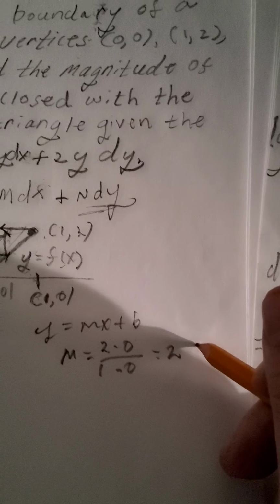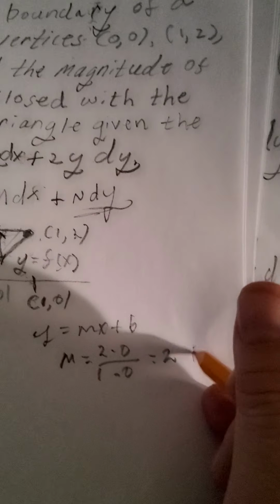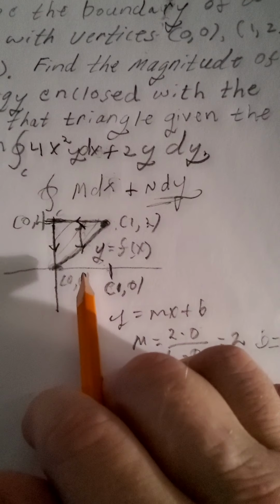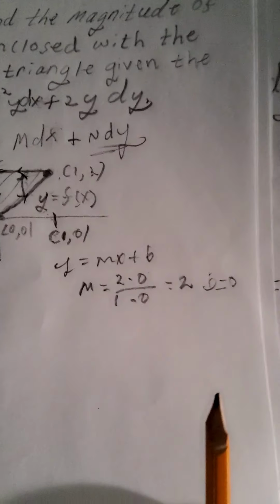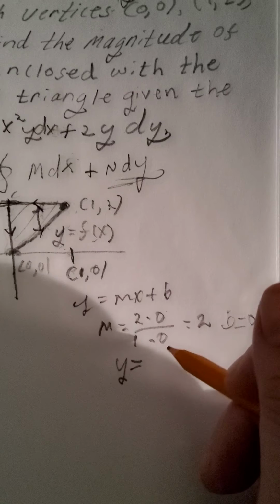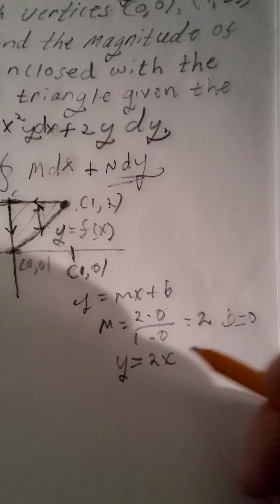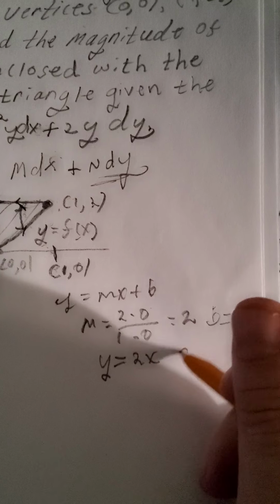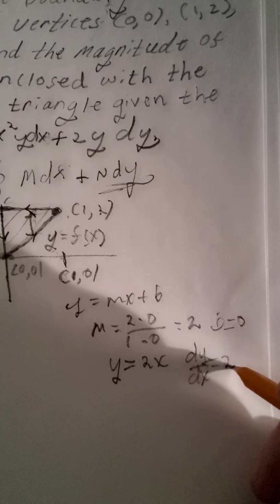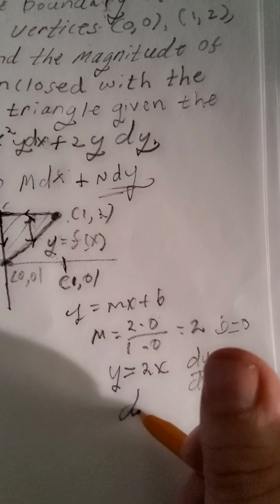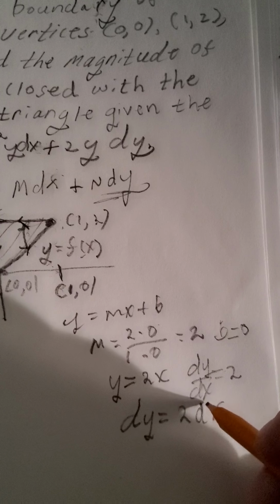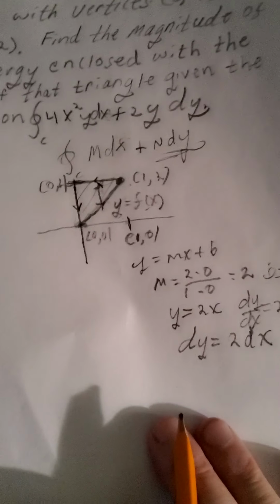So we can write our equation for the line: y equals 2x. Simple, right? dy/dx equals 2, so that means dy is going to equal 2 dx. So now we have everything in terms of x.